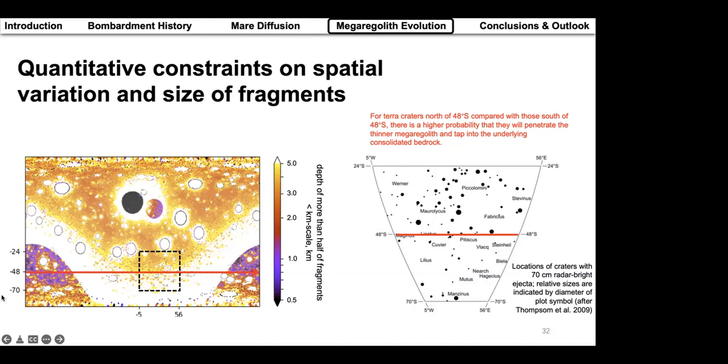The upper part has a thinner fragment layer compared with the lower part. So it suggests that because the upper part is thinner, it becomes easier to excavate fragments, and then it's easier to generate the bright red craters compared with the lower part.